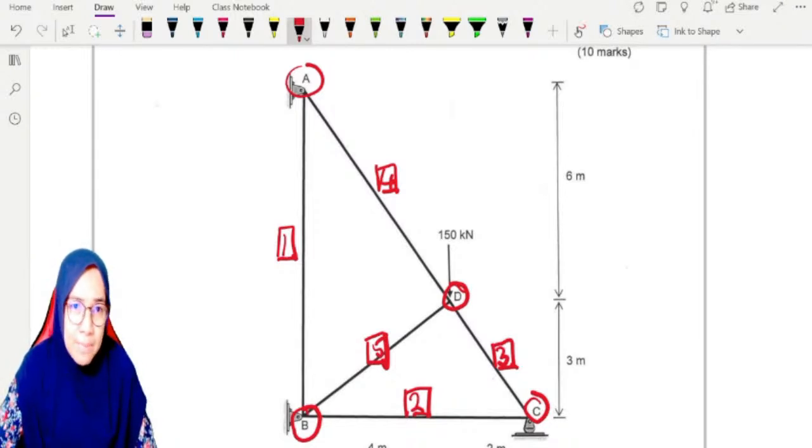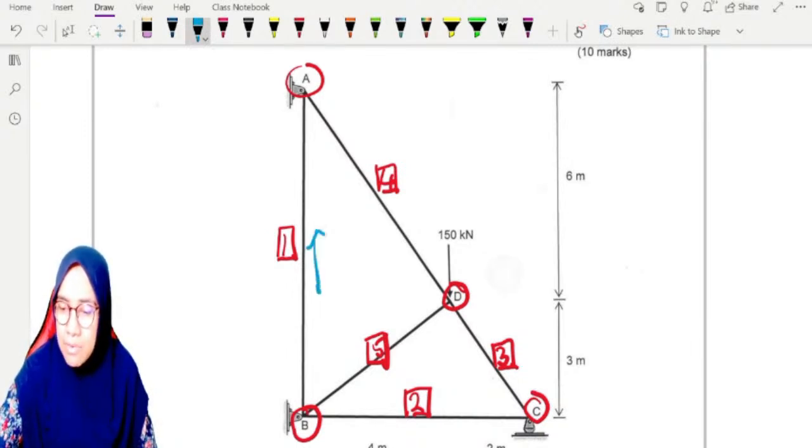For element numbers, we can label any element as we like. For example, I label AB as 1. If you want to label AD as 1, it doesn't matter. It is just a matter of position. You can label any number on any member. Another thing is we have to put the arrow, and again the arrow can be put in any direction that we like.